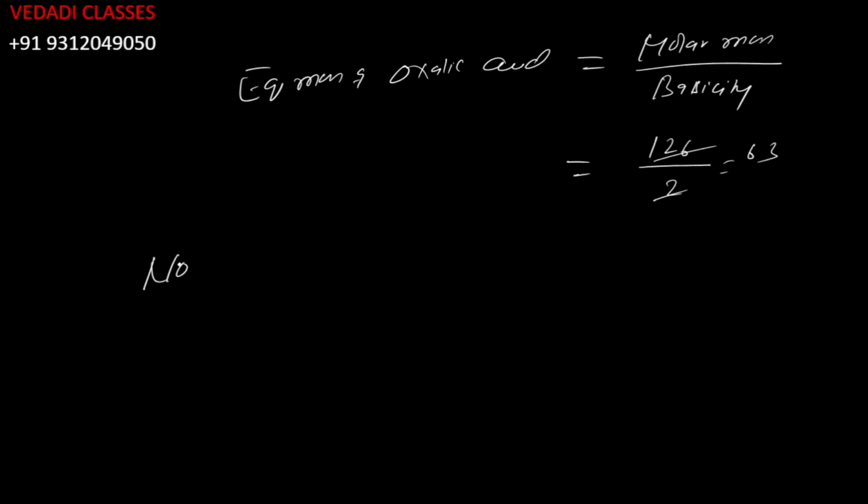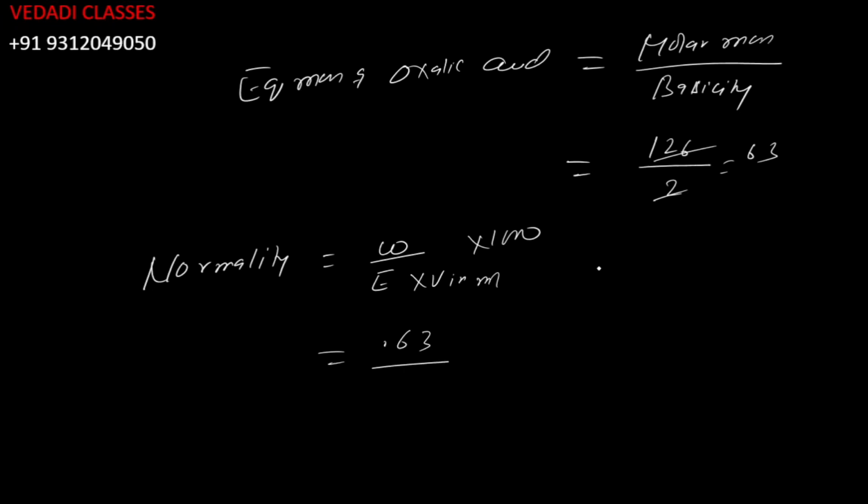Now normality, what is the formula of the normality? Normality is the given mass upon equivalent mass into volume in milliliter into 1000. Given mass, as you know, is 0.63, equivalent weight you got 63, into volume 250 into 1000. Now you have to solve it.